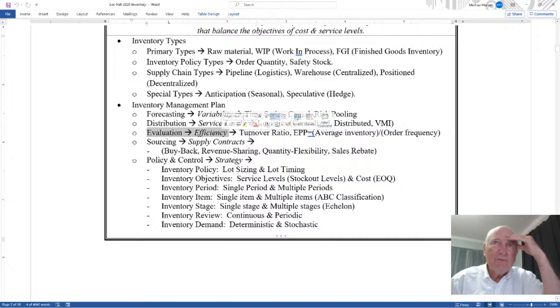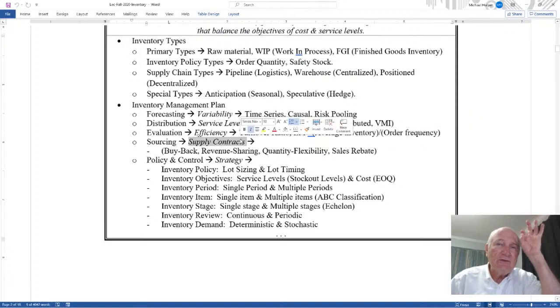That's the goal. Well, there's a lot of metrics. Two we'll be looking at are the turnover ratio, the turnover rate, the turnover index, whatever you call it, and EPP, which is the economic part period. We'll do that today. And then upstream sourcing, you're looking at the contracts. What type of contracts do you have? Is it an open contract? Is it an arm's length contract?